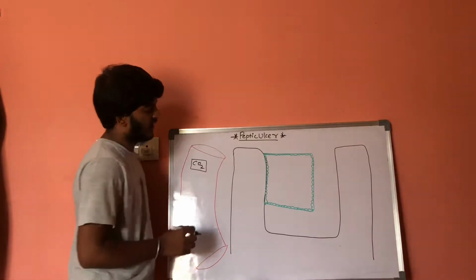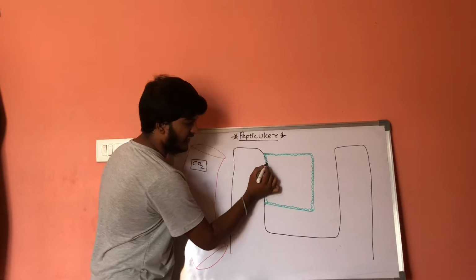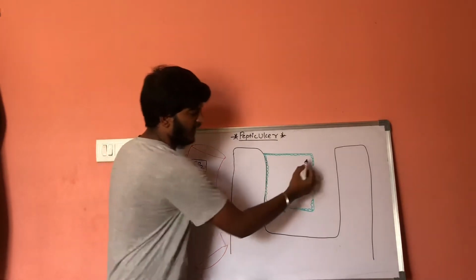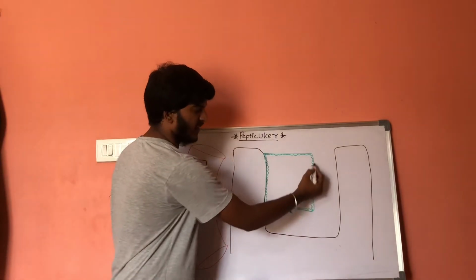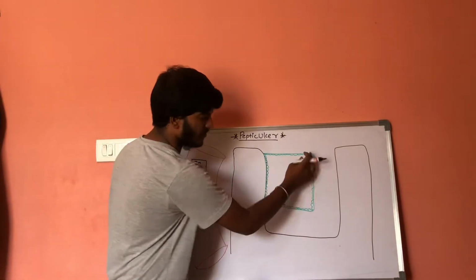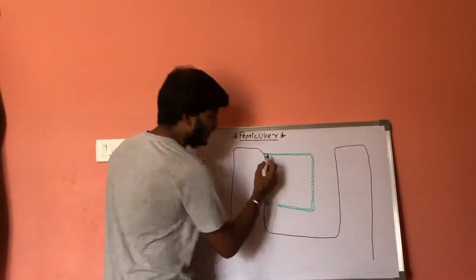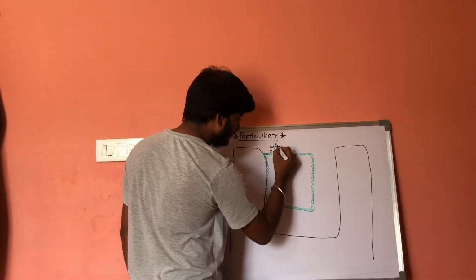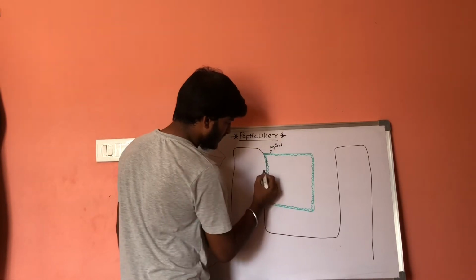The layer which is present towards the lumen is called luminal membrane. So this is luminal membrane, and this is apical membrane, and this is basal membrane.